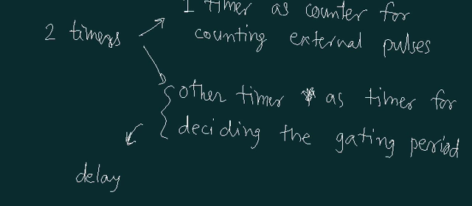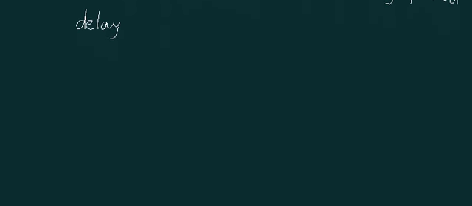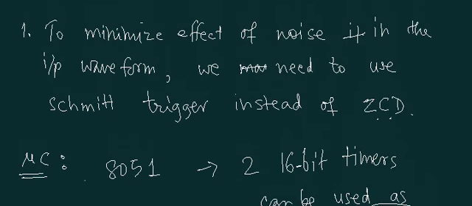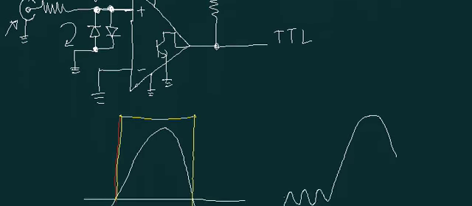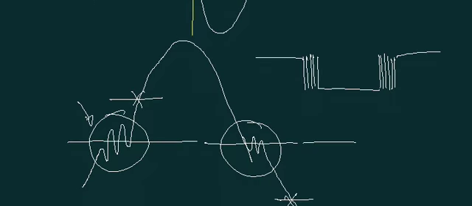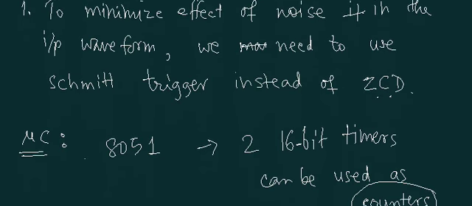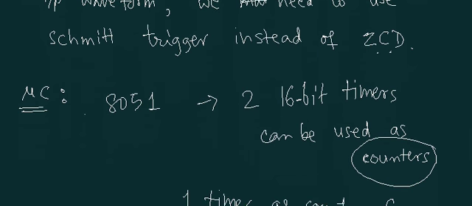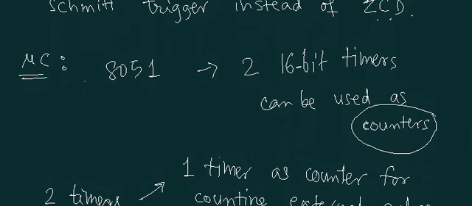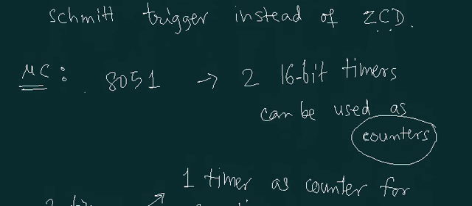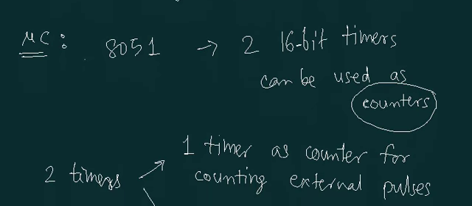So, what will be the logic that will go inside the microcontroller? Look at what we did. We talked about the zero crossing detector, we thought about replacing that by Schmitt trigger. We did not actually replace that, we will do that later on. Now, we decided to use 8051, we wanted to use on-chip hardware, and we know that on-chip hardware is there, 16-bit timers.